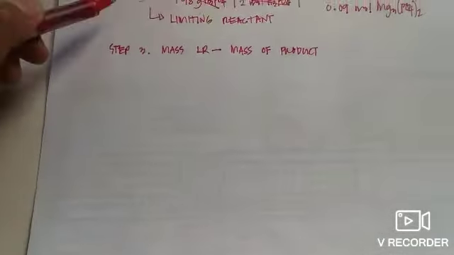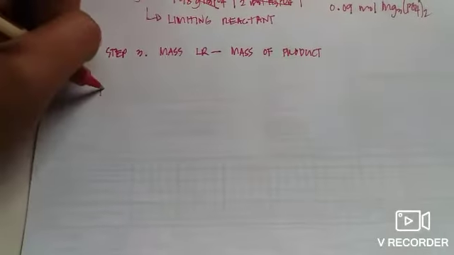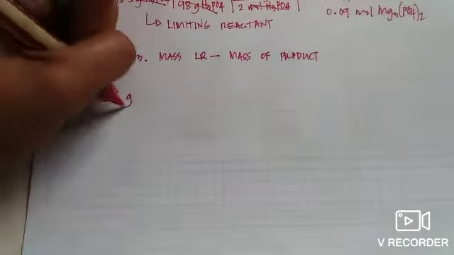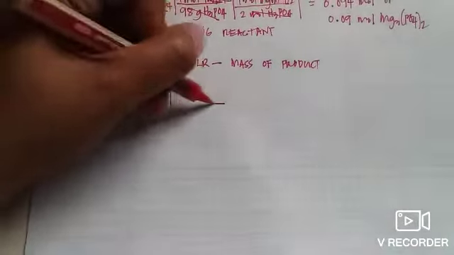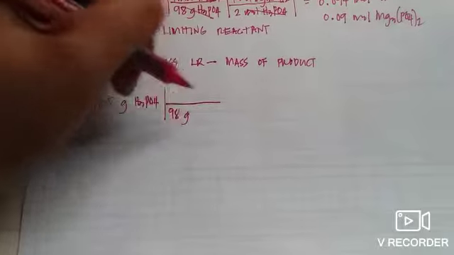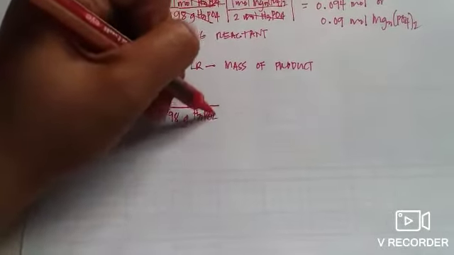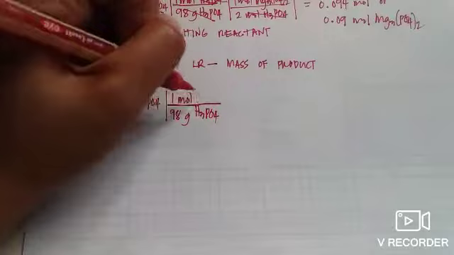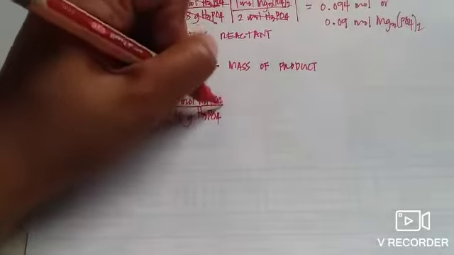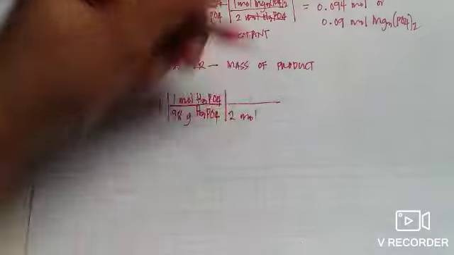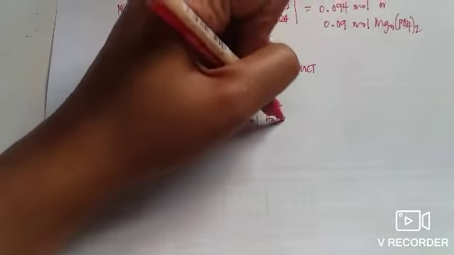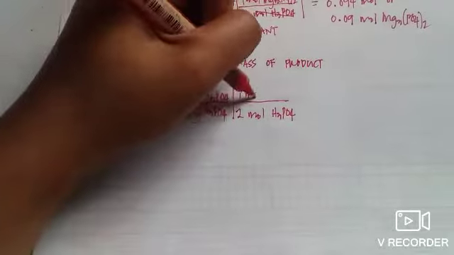Our limiting reactant is 18.5 grams of H3PO4. 98 grams of H3PO4 is to 1 mole of H3PO4. In the equation, we have 2 moles of H3PO4 and 1 mole of Mg3(PO4)2.